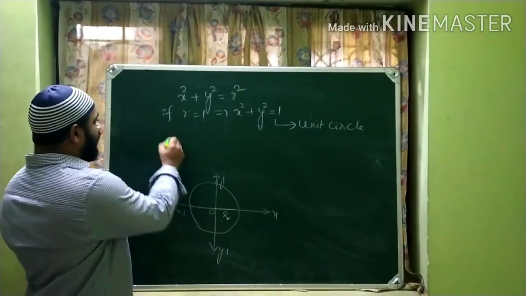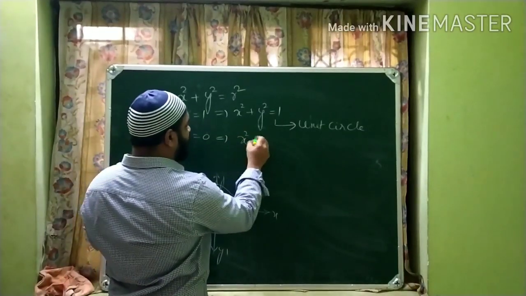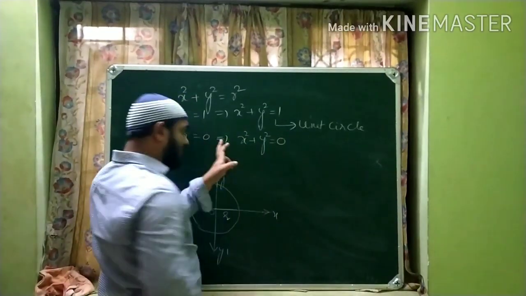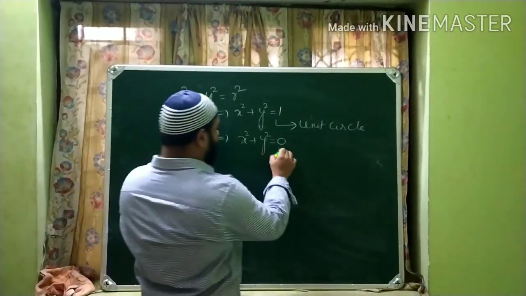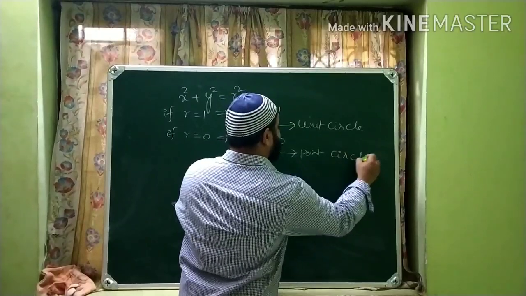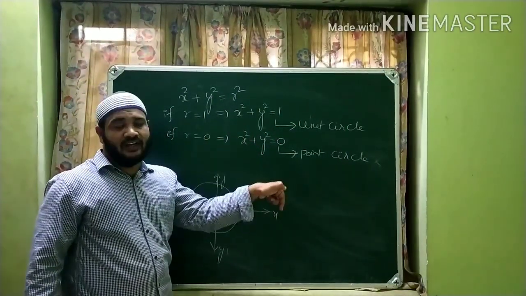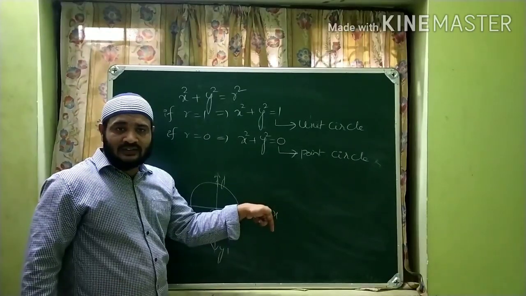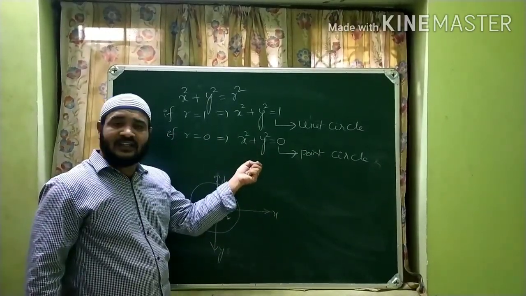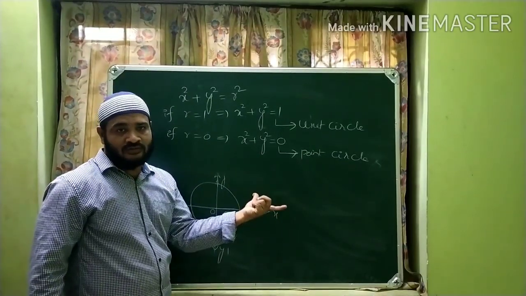Unit circle. Likewise, if r equals 0, then x square plus y square equals 0. This is also a circle, which is called a point circle. So a point circle is also a circle whose center is that point itself with no radius at all.